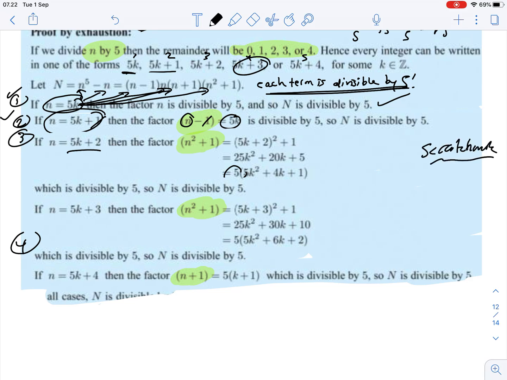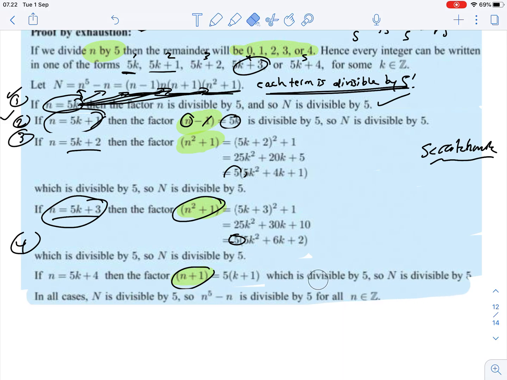They did scratch work over here, and they had to work this out to figure out that if I plug it in this term, then I can factor out a 5. They may have tried to plug this guy into another term, and they couldn't factor out a 5. So they had to do their work to see which term to plug it into to factor out a 5.